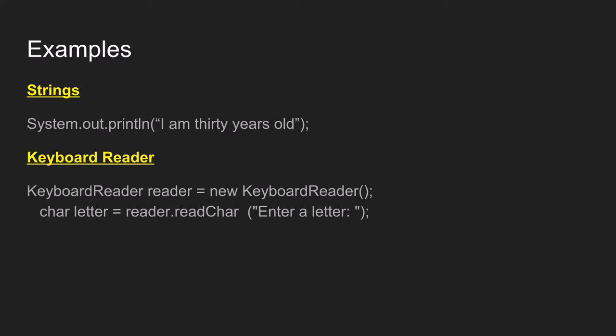This is basically how you would invoke this keyboard reader method or object, and whatever follows it would be the primitive data type, or if you're doing a string, then you do capital L-I-N-E, so readLine. Just capitalize the L and then line.